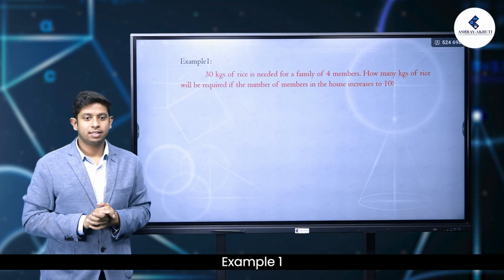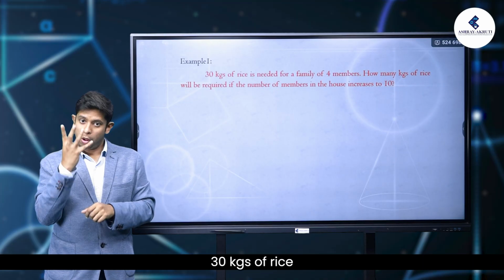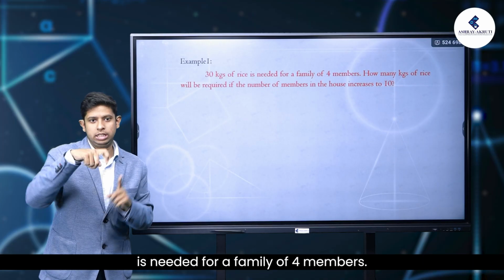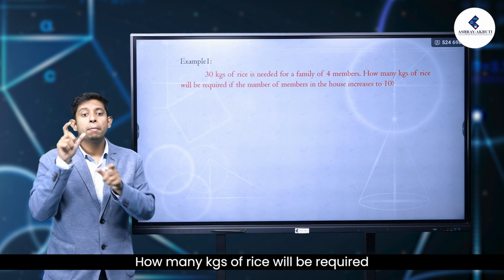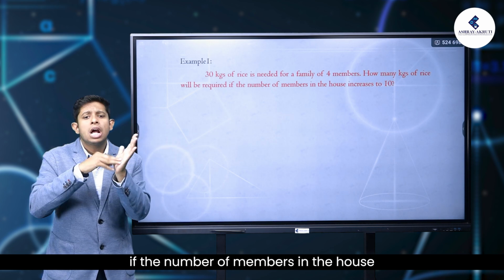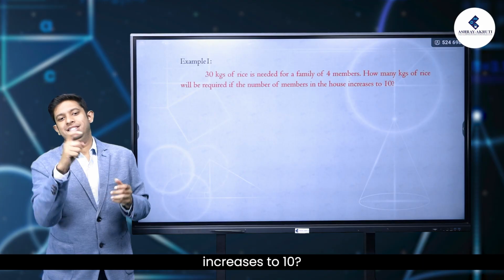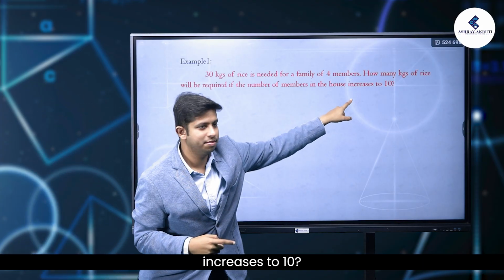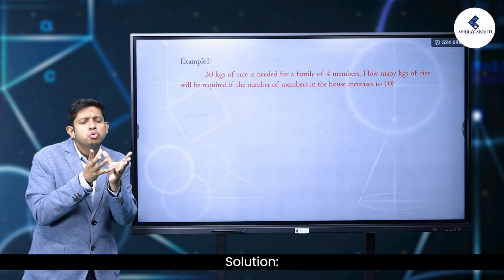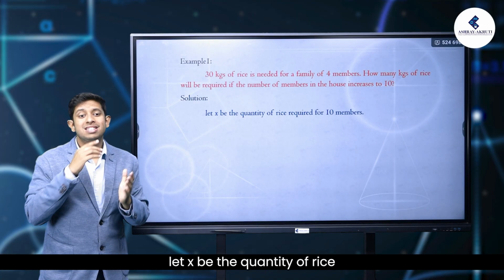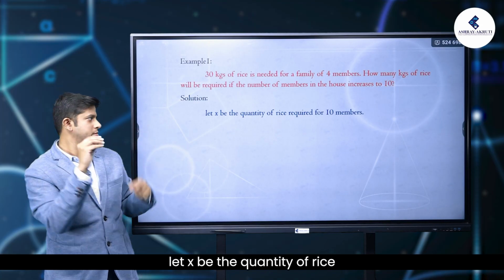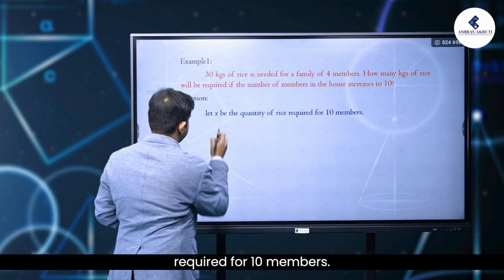Example 1. 30 kgs of rice is needed for a family of 4 members. How many kgs of rice will be required if the number of members in the house increases to 10? Solution: let X be the quantity of rice required for 10 members.